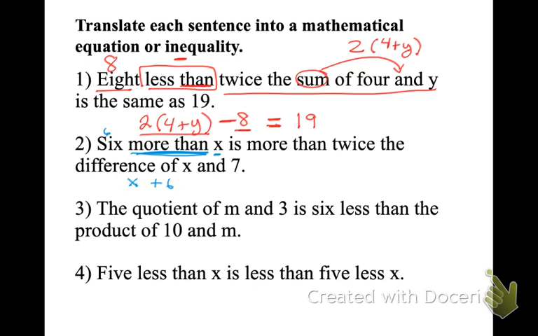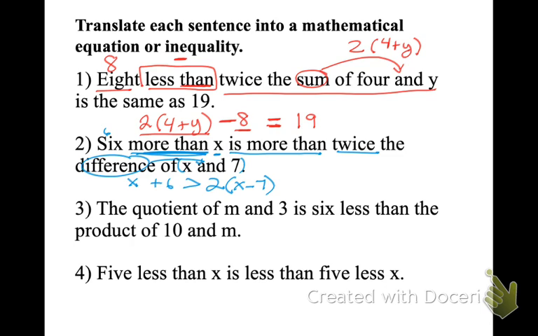X plus 6 is more than. Now, when is connected to more than, it's a greater than symbol. Twice the difference. The difference here, we're going to send it over. 2 times x minus 7.